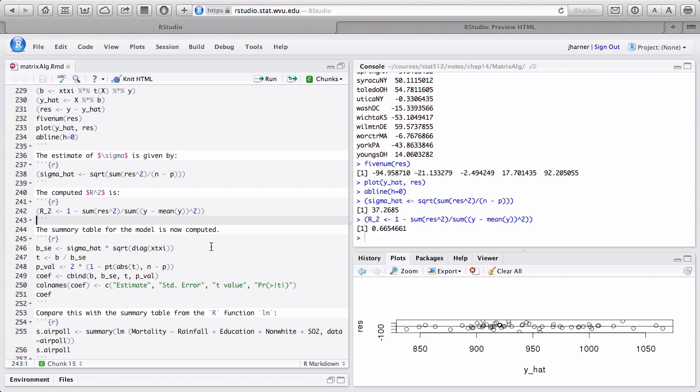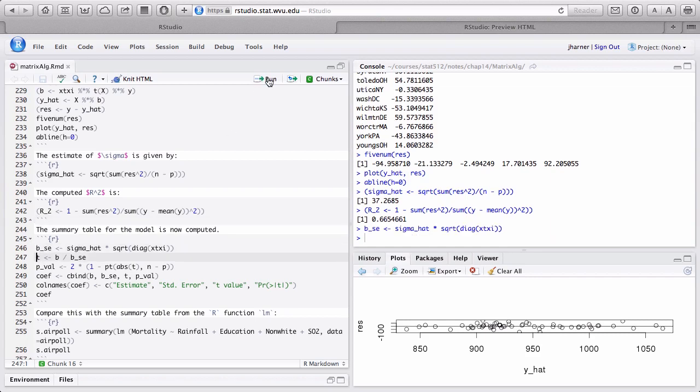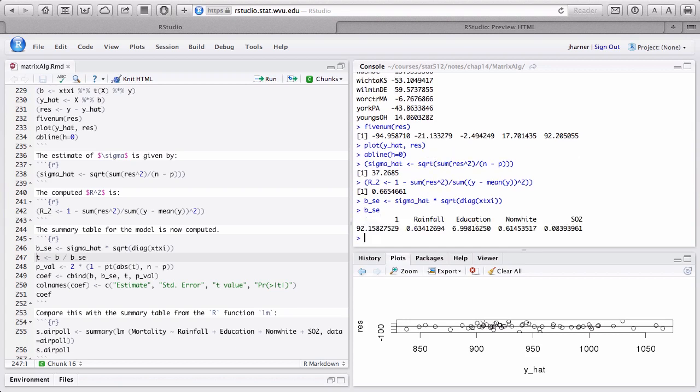So if I take the inverse matrix, take the diagonal elements, and take the square root of that, those are the standard errors. Now, those are matrices. So let's take a look at the standard errors. And I could print those out. So B underscore SC, these are the standard errors for each of these terms.